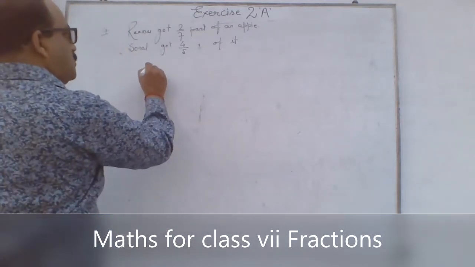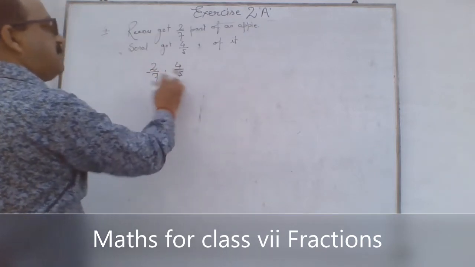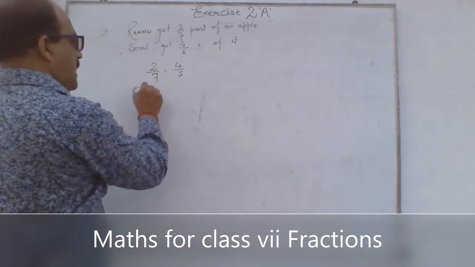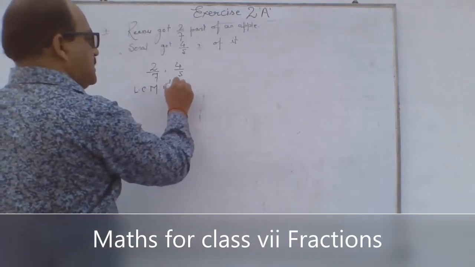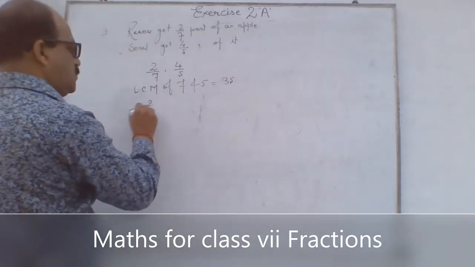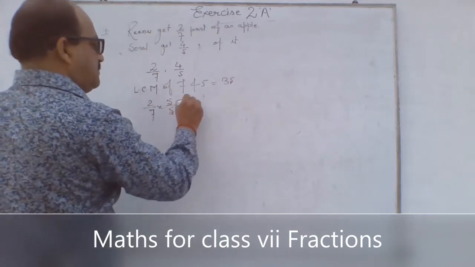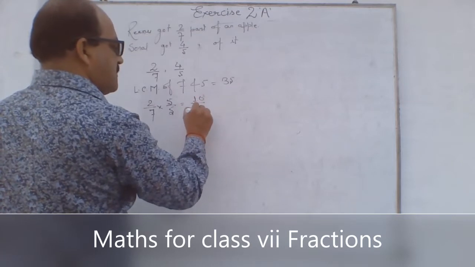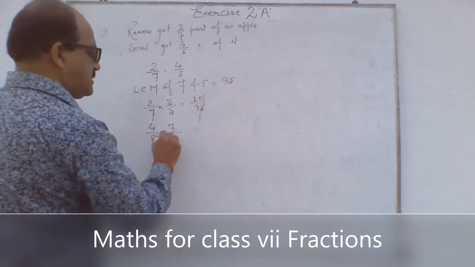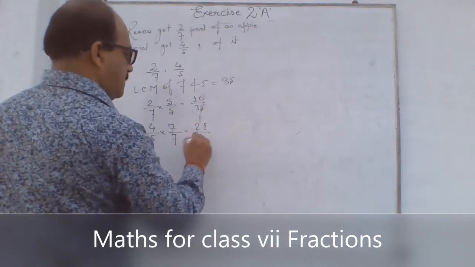So make 2 by 7 and 4 by 5 like fractions. Take the LCM. LCM of 7 and 5 is 35. So 2 by 7 will be multiplied by 5 by 5, making 10 by 35. Again 4 by 5 will be multiplied by 7 by 7, making 28 by 35.